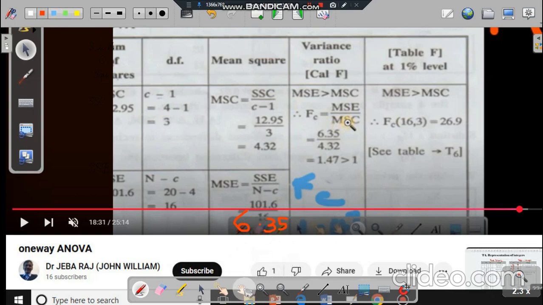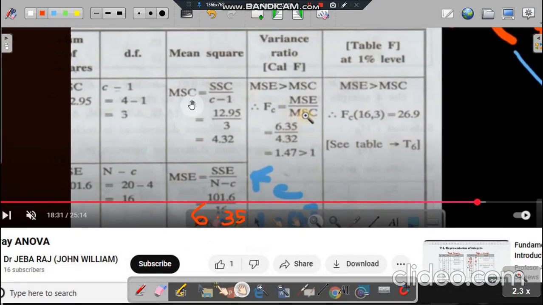Now look at that. We have got MSC, and we have got MSE. The MSC value is 4.32, whereas the MSE value is 6.35. Which number is greater? This number, 6.35, is greater.